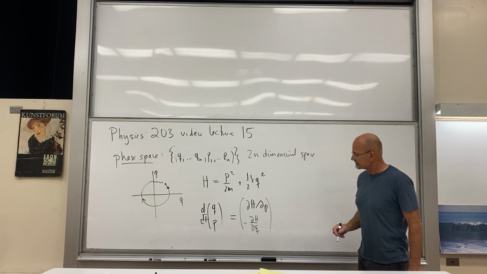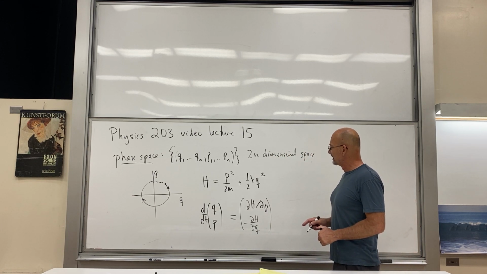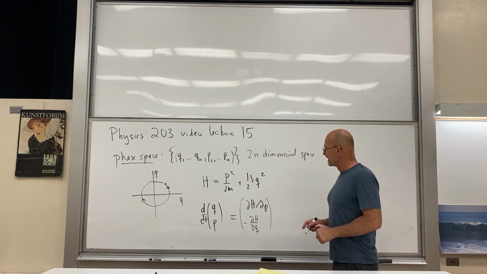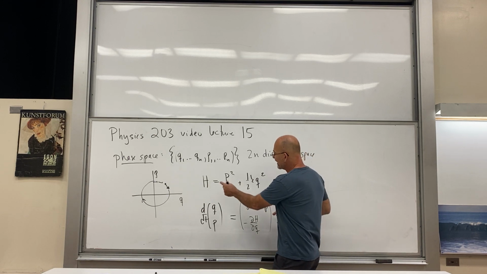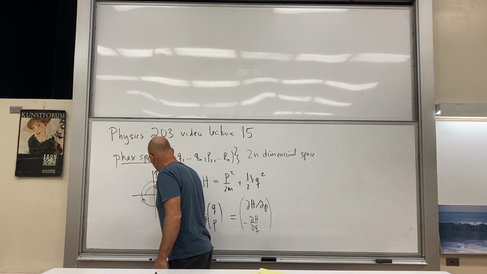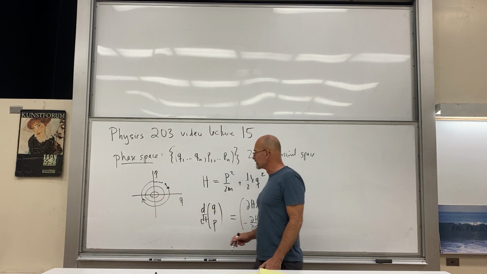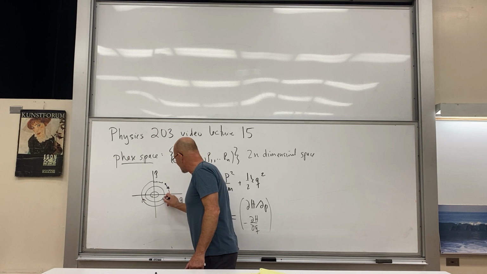I'm going to continue with an extension of this. And I should say also, for different values of H, which is the energy, you'll have different curves here. These are just smaller amplitude, smaller energy solutions. They're all going clockwise.